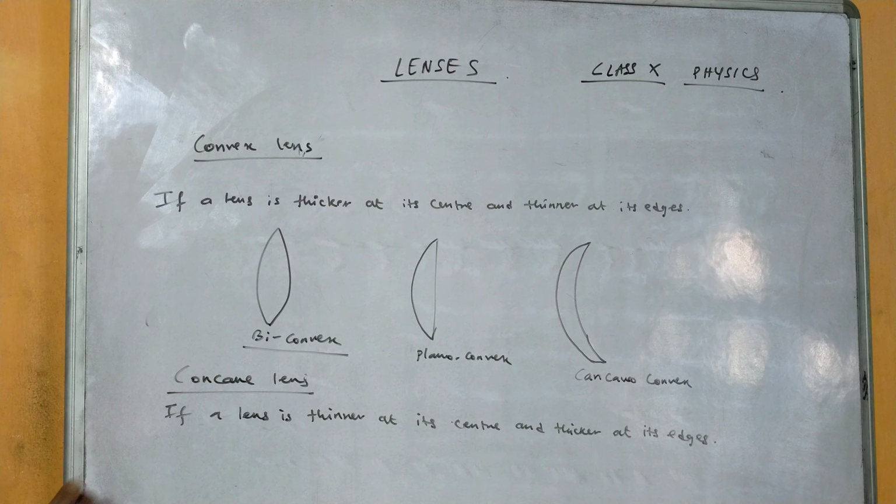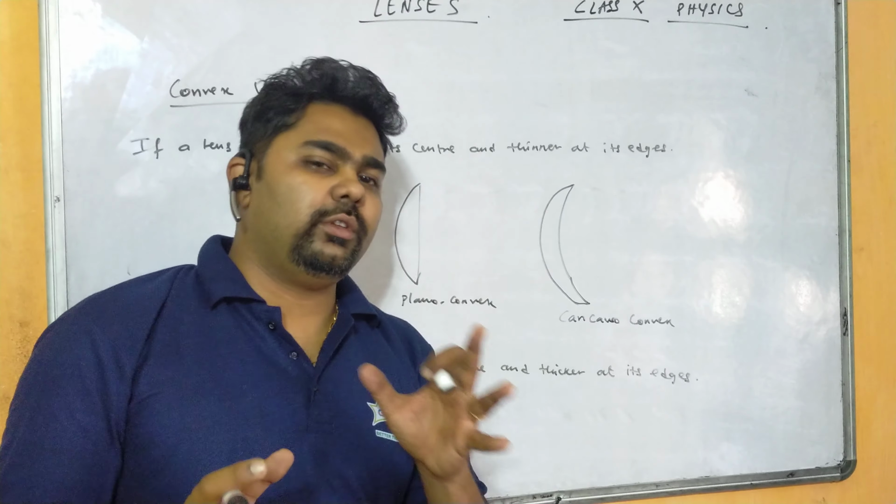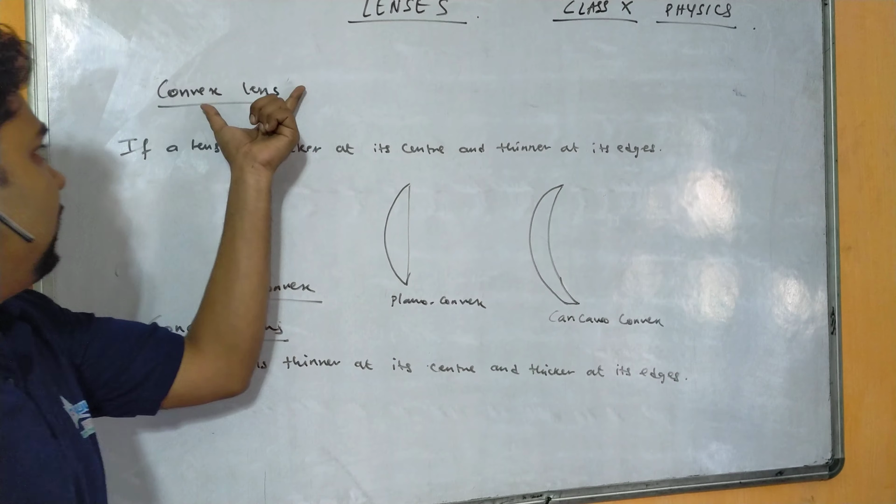Similarly for concave lens, if a lens is thinner at its center and thicker at its edges, so this is just the opposite of the convex lens.